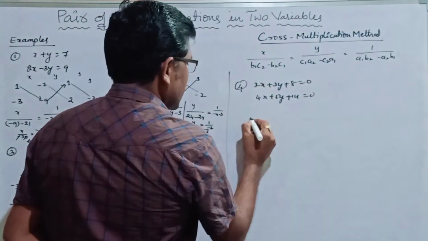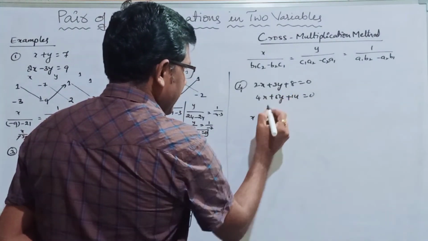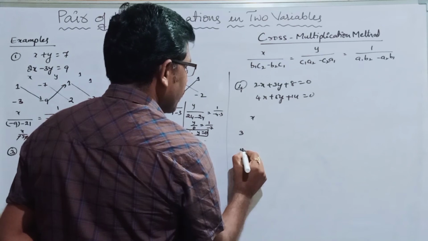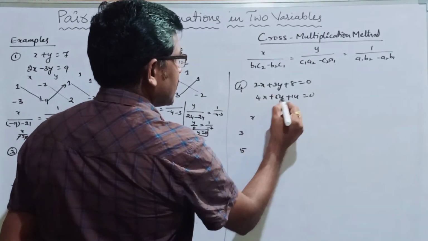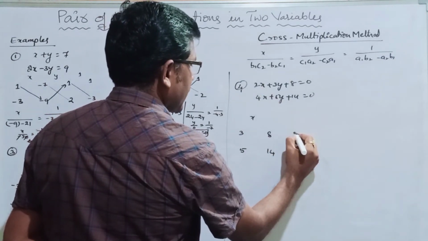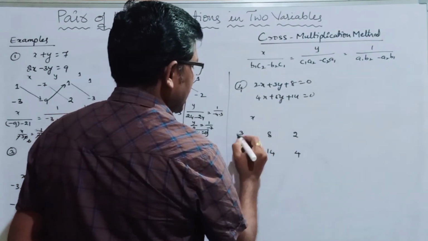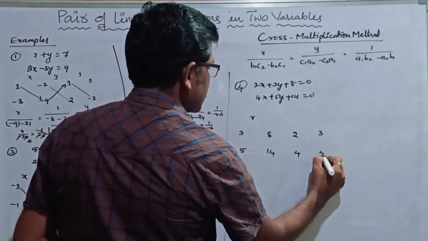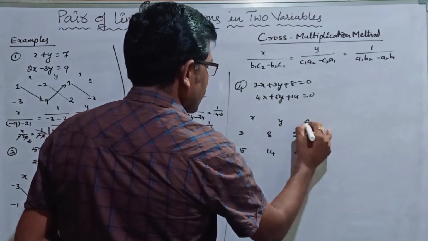So, write down x, y values 3, 5, then next C values 8, 14, then next A values 2, 4, then again B values. So y, 1.